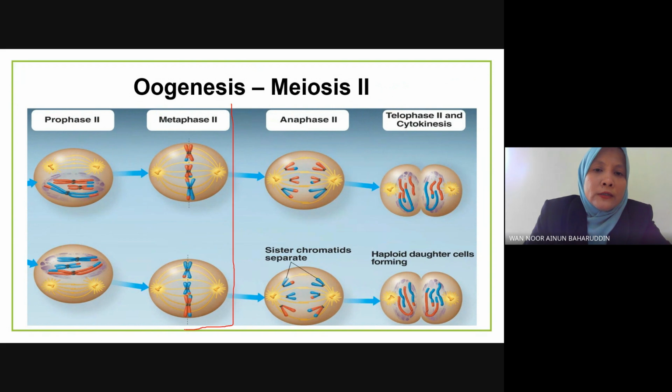This is where meiosis 2 occurs. But after fertilization, they undergo meiosis 2 and enter anaphase 2 and telophase 2.